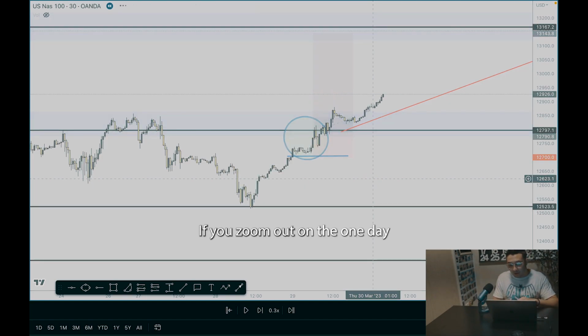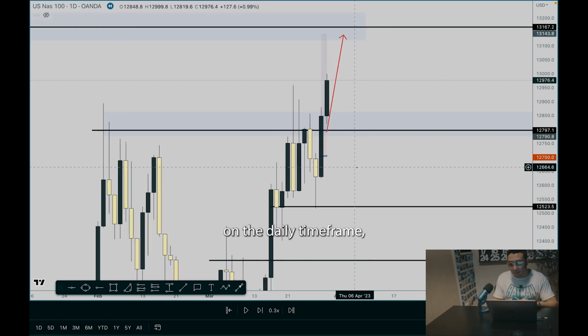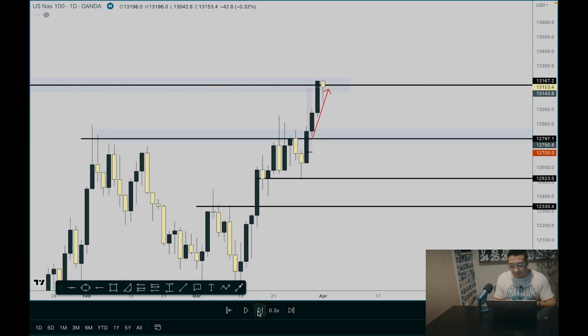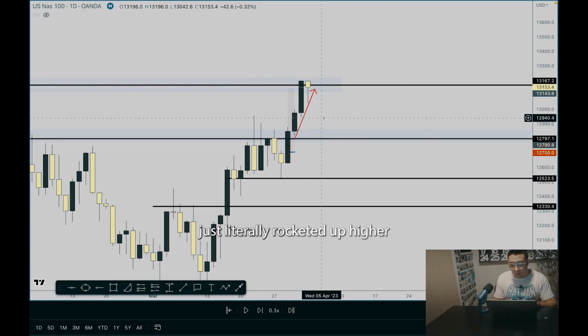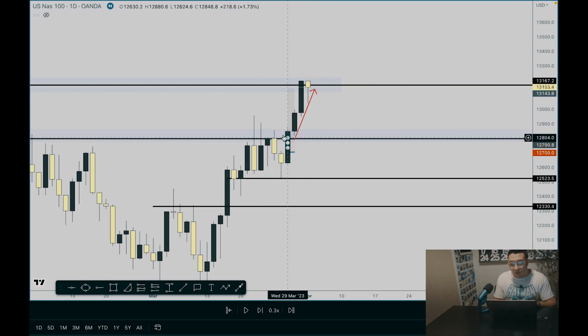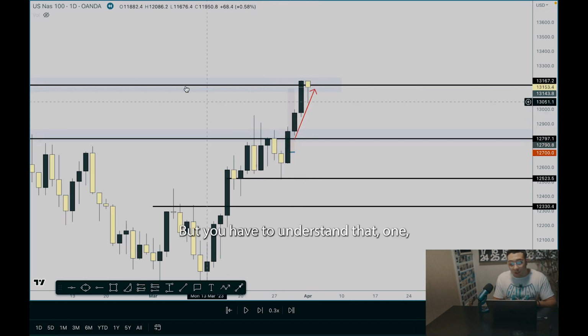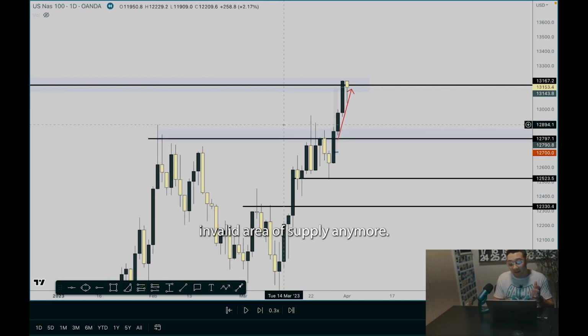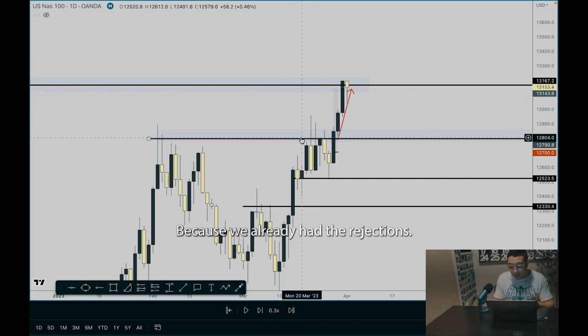If you zoom out on the 1 day, on the daily time frame, look what happened. It just rocketed up higher. We'll do one more candle. As you can see, it literally rocketed up higher. Right here, the daily candle was a wick, but you have to understand that this is not going to be a valid area of supply anymore because we already had the rejections.